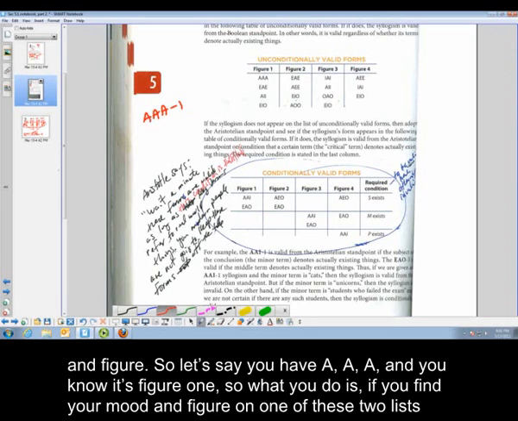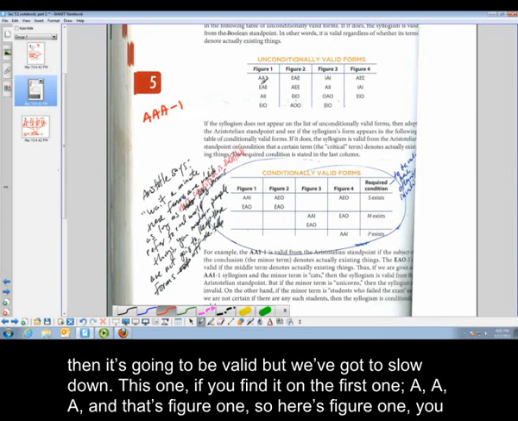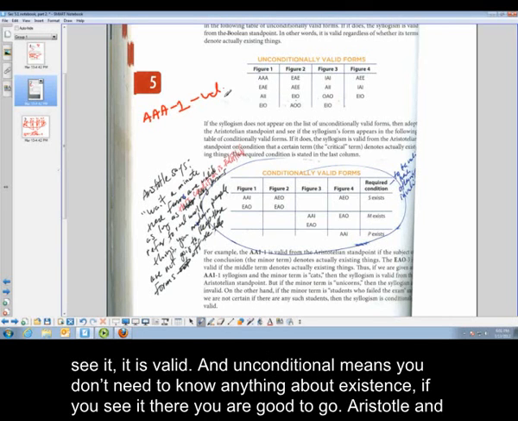Okay, AAI. So what you do is if you find your mood and figure on one of these two lists, then it's going to be valid, but we've got to slow down. This one, if you find it on the first one, AAA, and that's figure 1. So here's figure 1, you see it, it is valid. Okay?